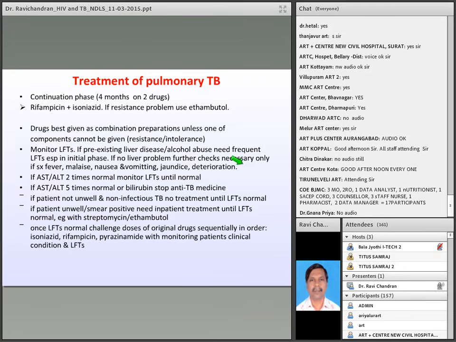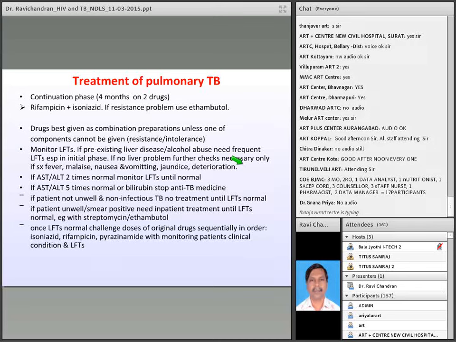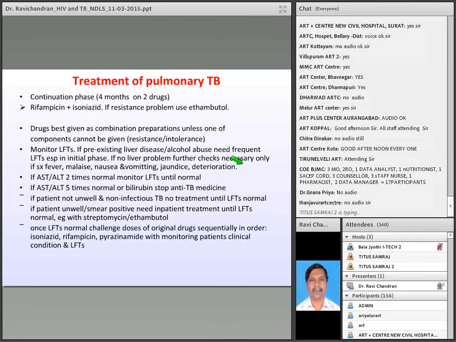If any pre-existing liver disease, alcohol abuse, need frequent liver function tests, especially in the initial phase. If no liver problem, further checks necessary only if there is fever, malaise, nausea, vomiting, jaundice and deterioration in the clinical condition.